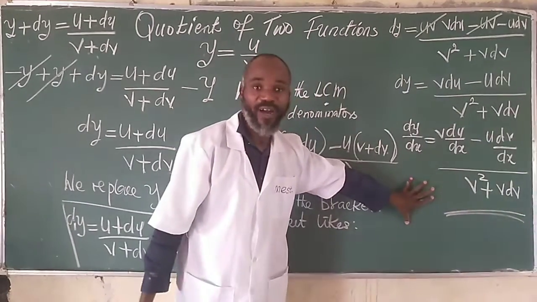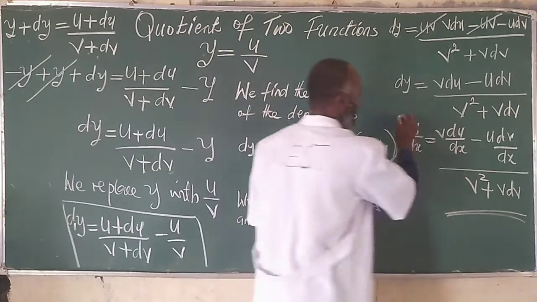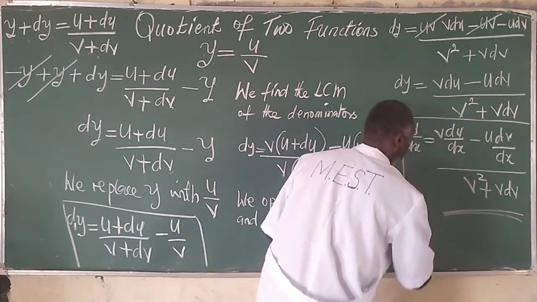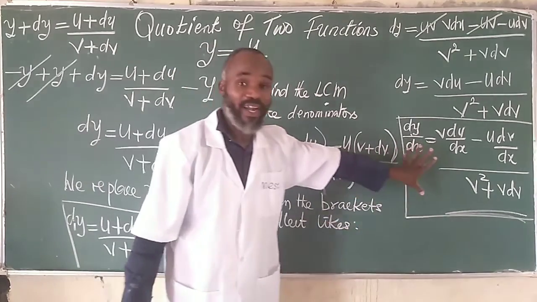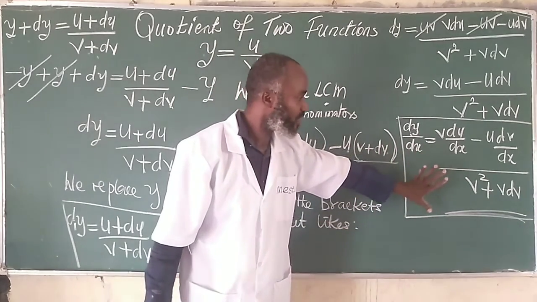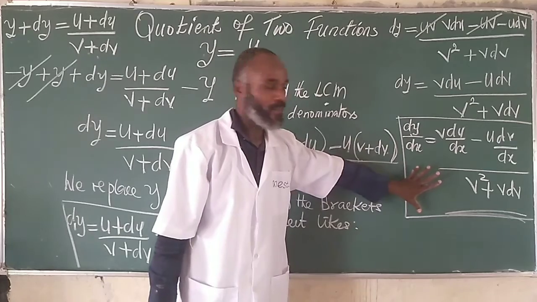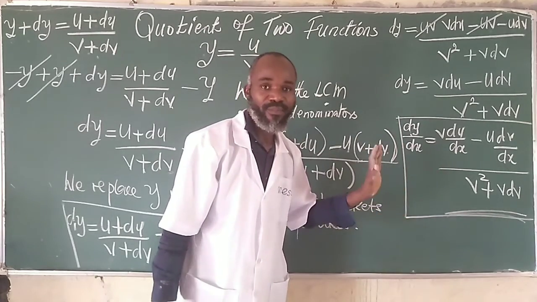But this is not the final solution. This is not the final derivation, because we need to do something here. We are just one more step to the final answer.